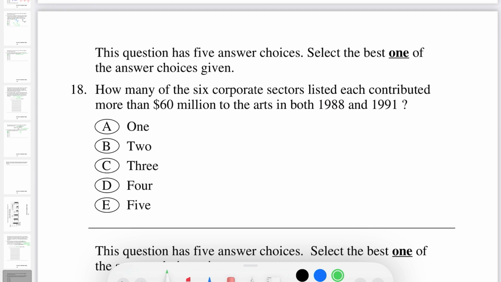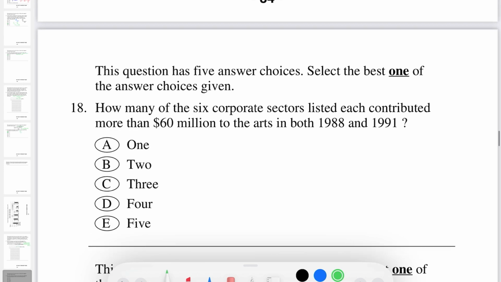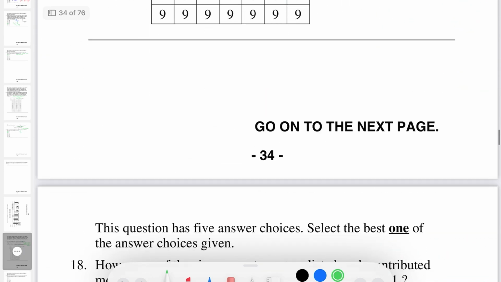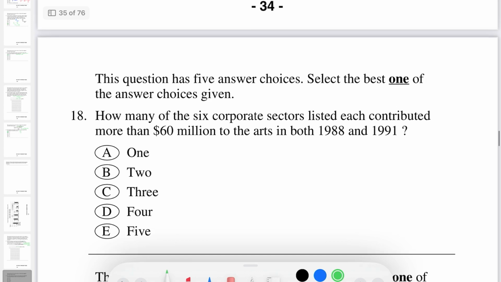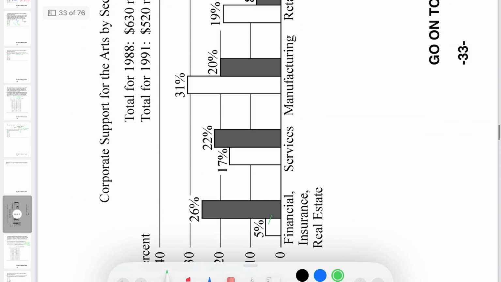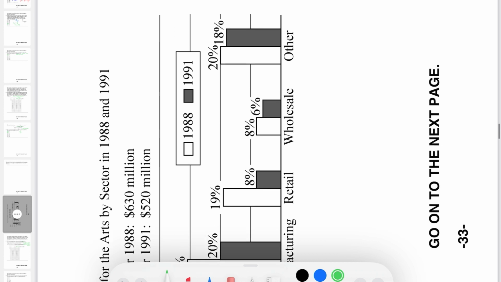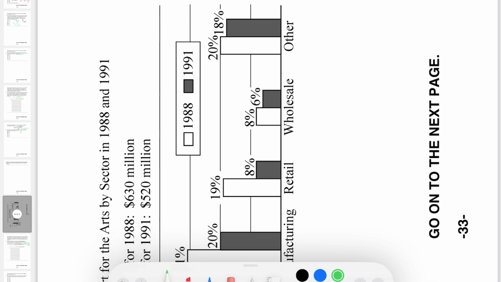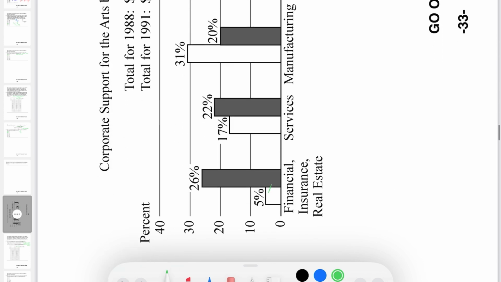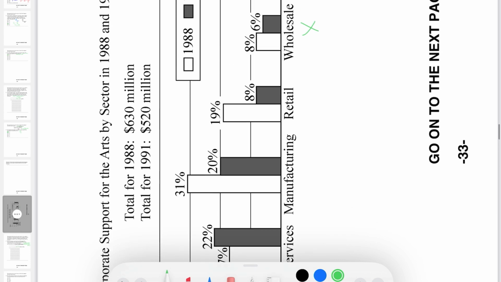The next data question, how many of the 6 corporate sectors listed each contributed more than 60 million to the arts in both 1988 and 1991? So I need to look at each of these sectors and who contributed more than 60 million in both years. So some that it looks like we can cross out for sure would be wholesale and possibly financial, possibly retail.